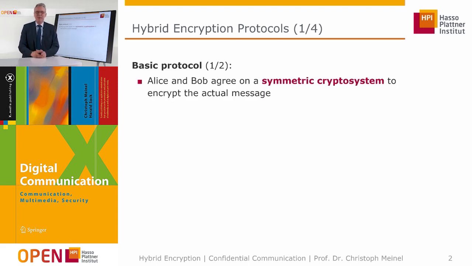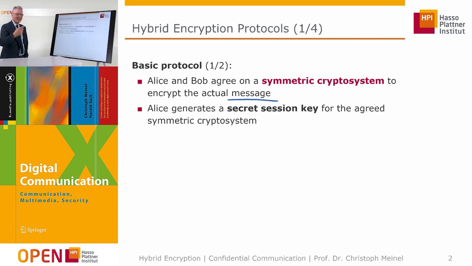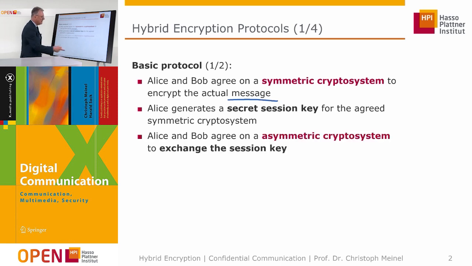We have Alice and Bob, and first they agree on a symmetric crypto system which they later want to use to encrypt the messages they are sending. And then Alice generates a secret session key exactly for that symmetric crypto system, which she will later use for encrypting the messages.